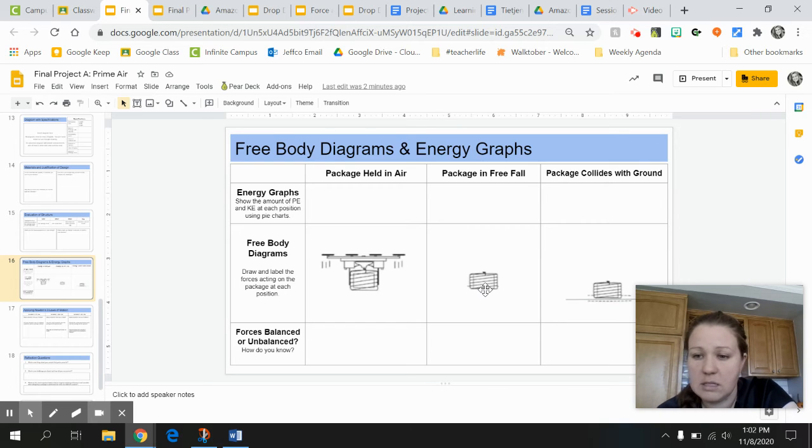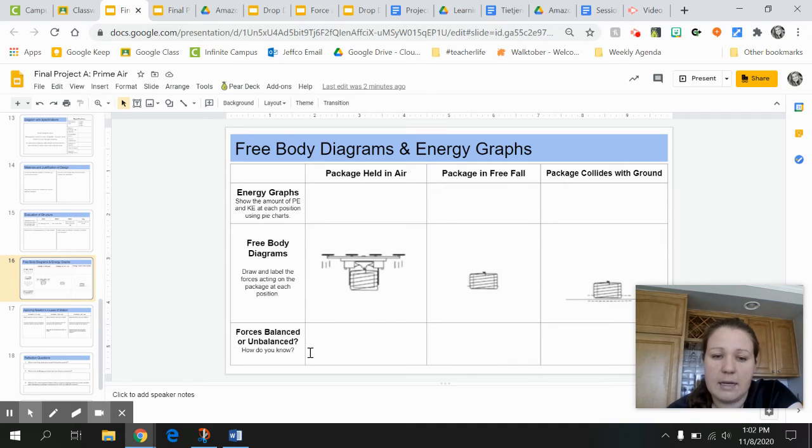Is there air resistance? Is there gravity? Is there some applied force? Like what forces are acting on the parachute? If your package has wings, maybe looking at the wings, but making sure you are including special elements of your design that are being acted upon by forces.